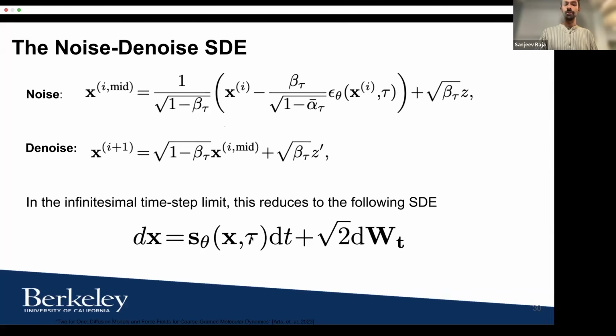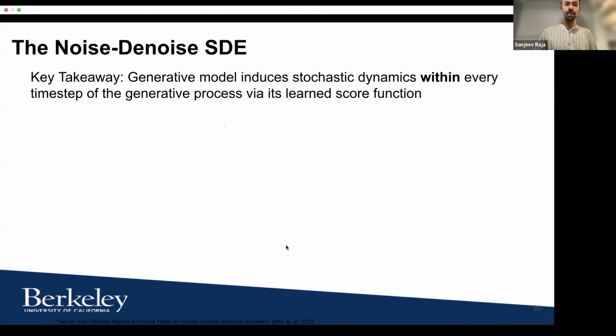So this is essentially a hypothesis class for how paths in a generative model are formulated. And now that we have this hypothesis class, we can conclude that generative models induce a set of stochastic dynamics within every time step of a generative process, via its learned score function.